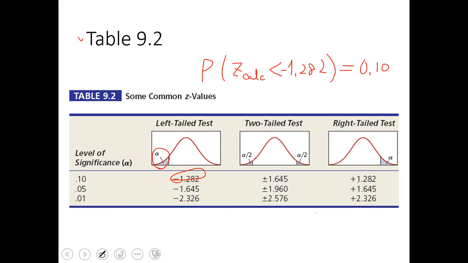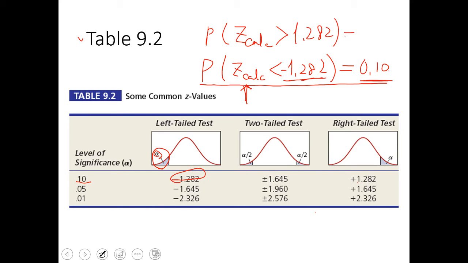So that means the probability that our test statistic is less than minus 1.282 is 10%. That's why it says here is alpha. Okay? And on the other hand, the probability that our z statistic is greater than 1.282 is also 10% here.